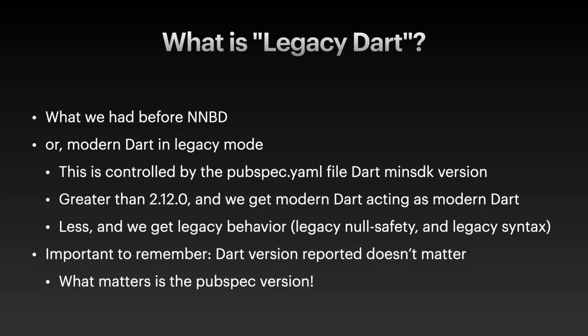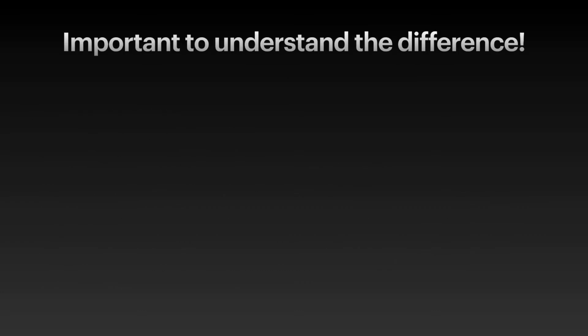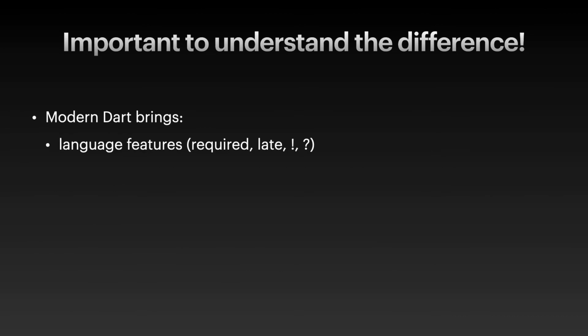Now, what's the difference between these two Darts? Well, modern Dart is going to give us things like language features. The @required annotation becomes the required keyword for named parameters that are not optional.